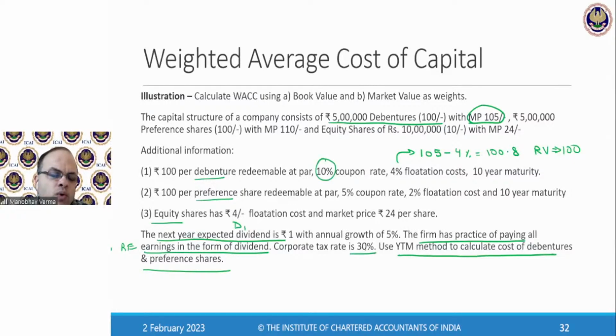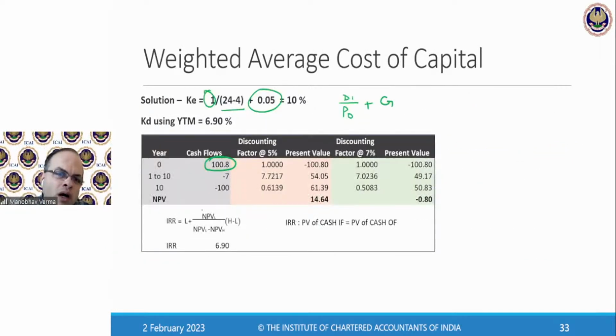So I into 1 minus T, 10% net of tax will give you a cash flow of 7, guys. 7 is the interest. Mind you, the signs are swapped, as I already explained. And at the maturity of the debentures, your cash flow is minus 100.